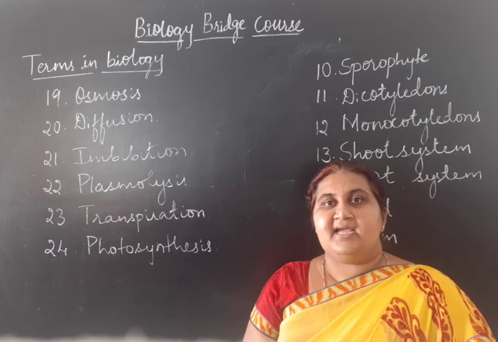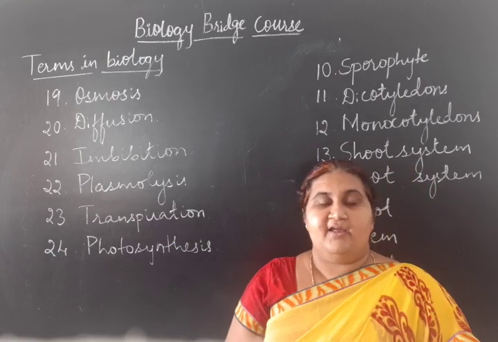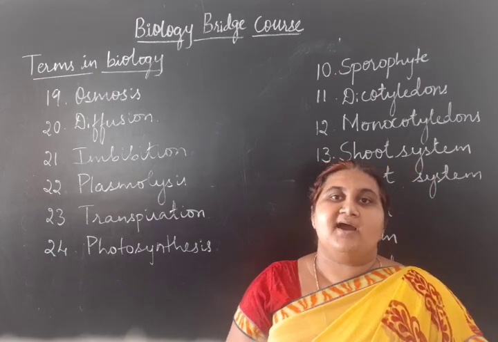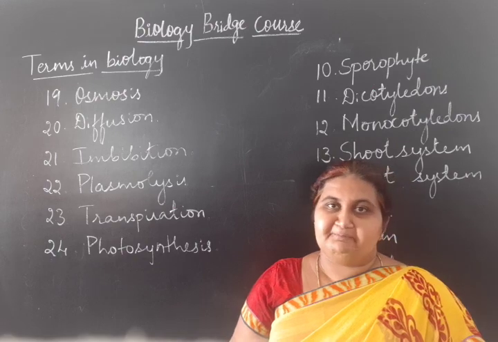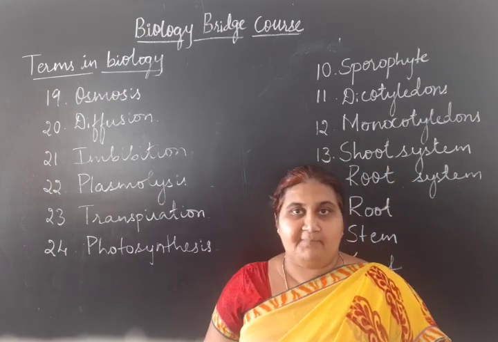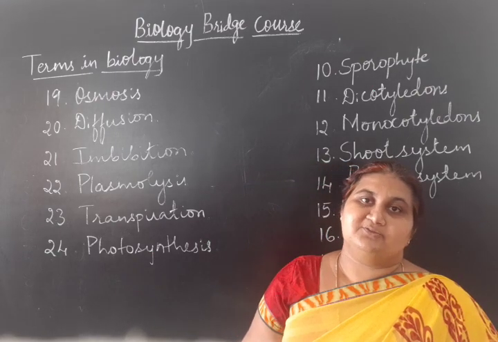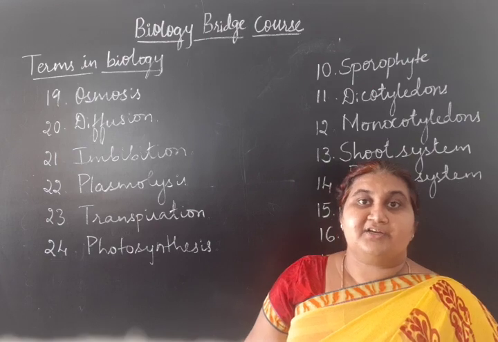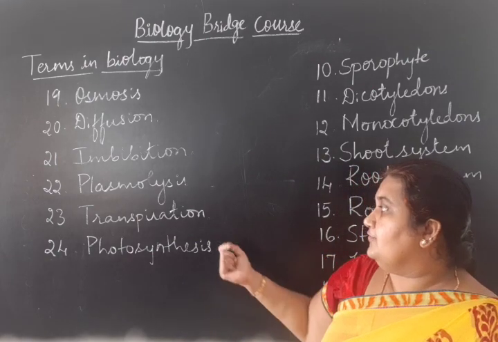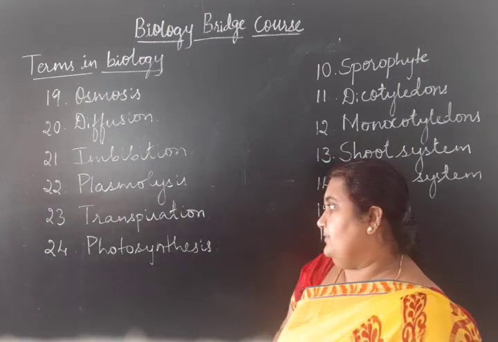Transpiration is defined as loss of water in the form of vapor from the aerial parts of the plant body through stomata and cuticle.